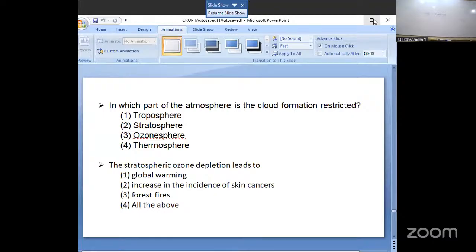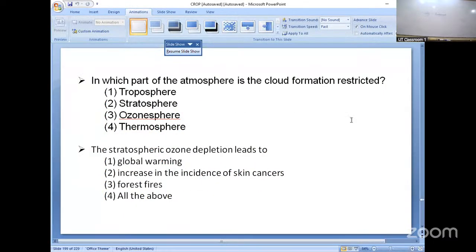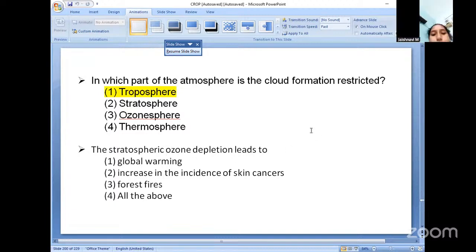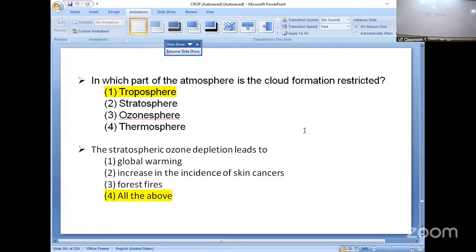Which part of the atmosphere is cloud formation restricted to? Ozone sphere. The stratosphere ozone depletion leads to all three of the above.